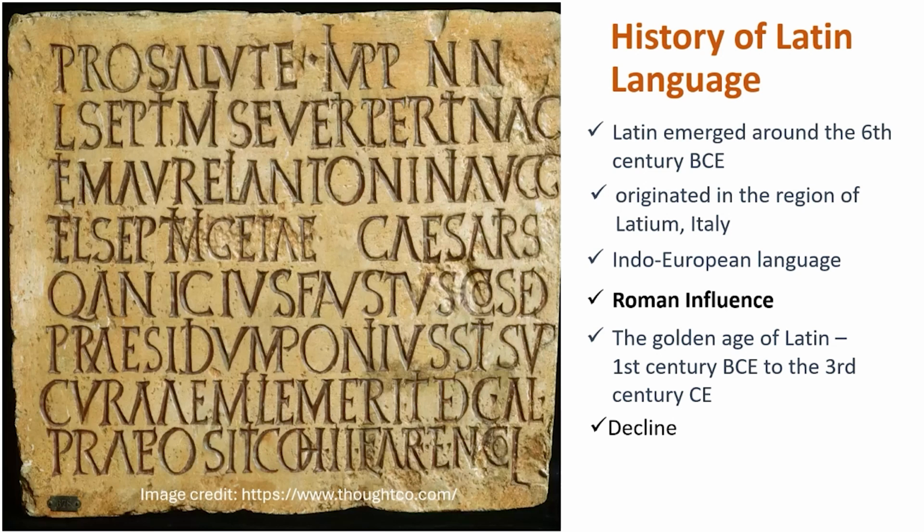There's something called as Archaic Latin. This is an era of that language from the 8th to the 3rd century before Common Era and was spoken in the city-state of Rome and the surrounding area. This period saw the development of Latin as a distinct Italic language, which was influenced by neighboring languages like Etruscan and Greek.